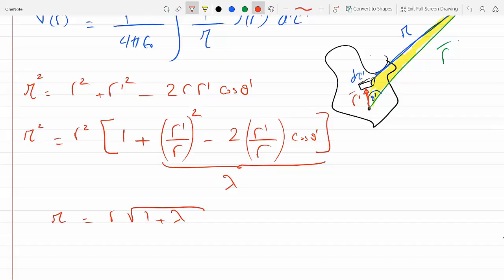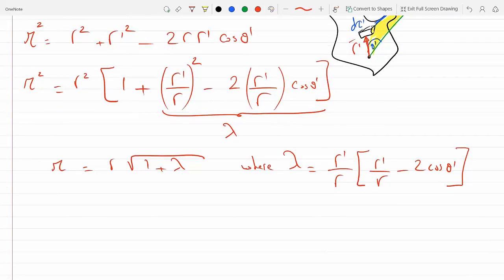Let's write out lambda more explicitly, because we're going to do an expansion. I'm going to pull out r prime over r, and what we have left is r prime over r, because the first one is squared, minus 2 cosine theta prime. So this would be my lambda.